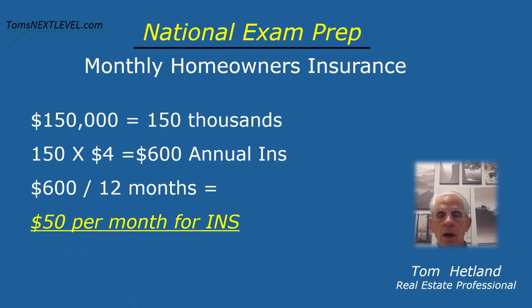And our estimate of the homeowner's insurance at $4 per thousand is just then going to be multiplied by the 150, and we would come up with $600 annual insurance. Now don't forget on your exam, that's an annual number. We need to break it into a monthly number. So we take the $600 annual homeowner's insurance divided by 12, and you'll come up with the $50 per month for homeowner's insurance.